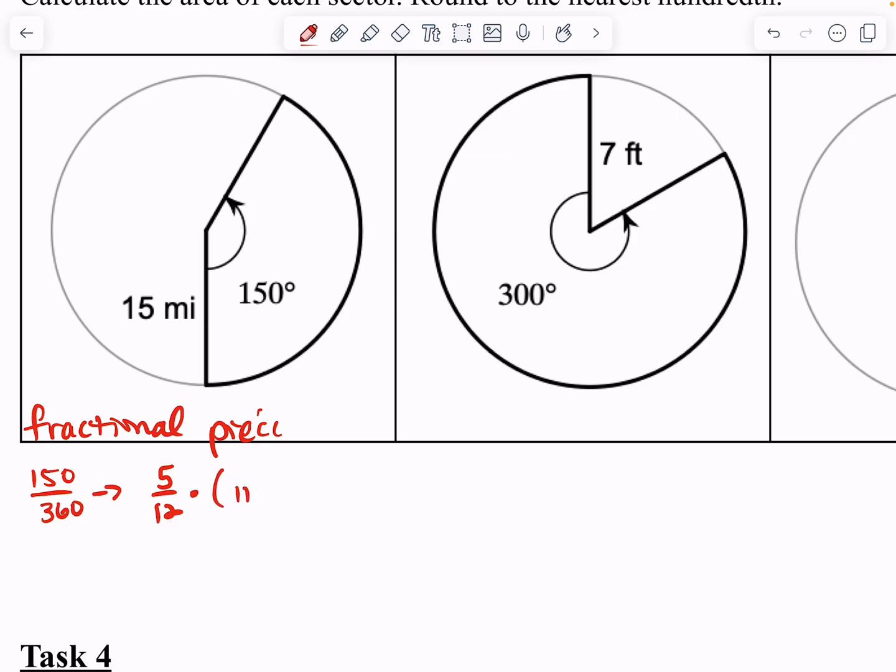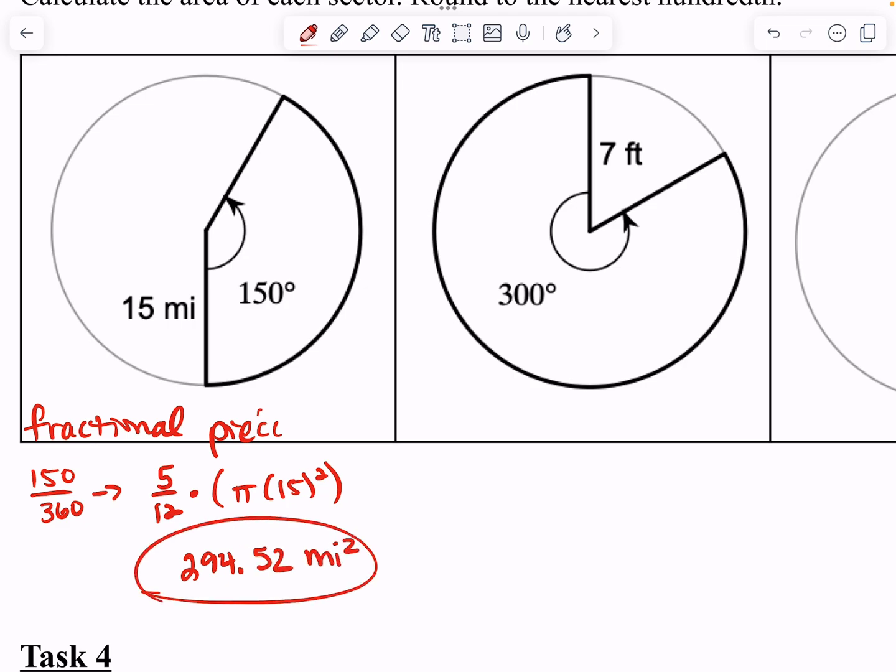So that is pi times 15 squared. So 5/12 times pi r squared, and I'm getting that my fractional area is 294.52, and that is miles squared.